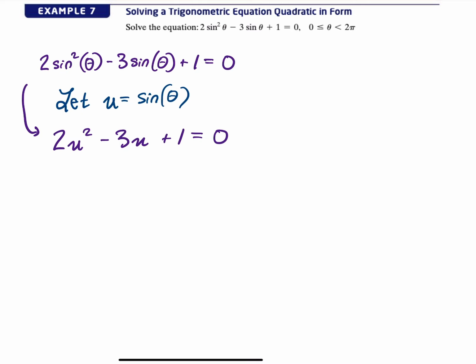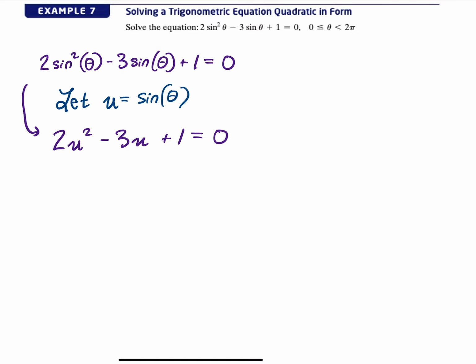So we want to do some factoring. So we have a leading coefficient here in front of the squared term. So I'm going to do what I've called AC method factoring. It might be called different things depending on what you've learned in terms of algebra.